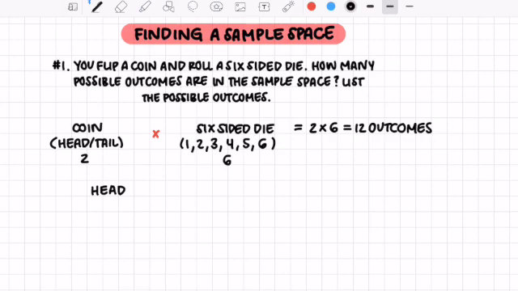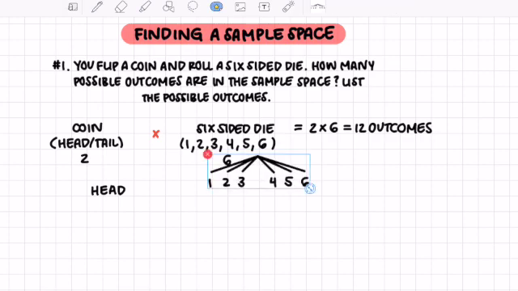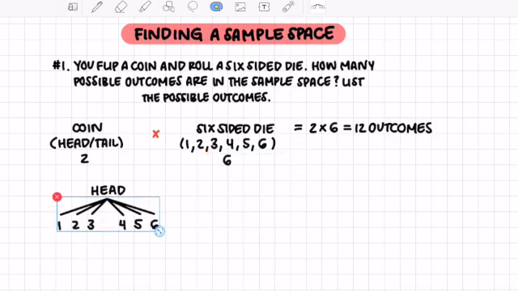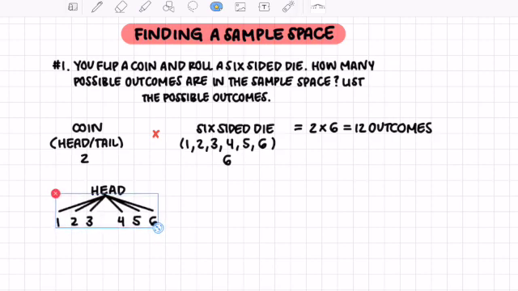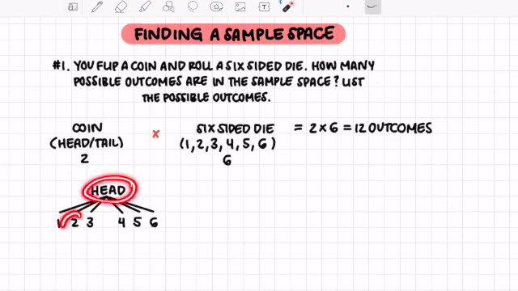And in that situation where we do get heads, there is also the 6-sided die, which could roll a 1. I could get a head and then a 2, a head and then a 3, head and then a 4, and so on.